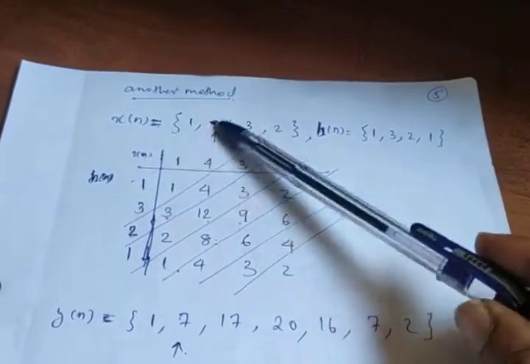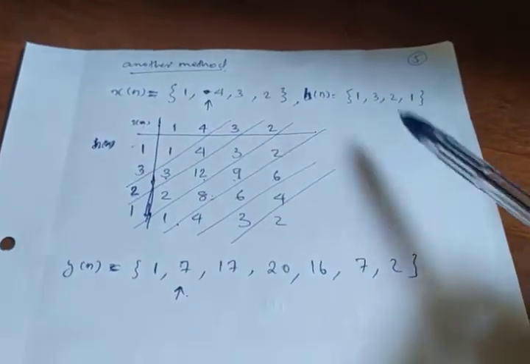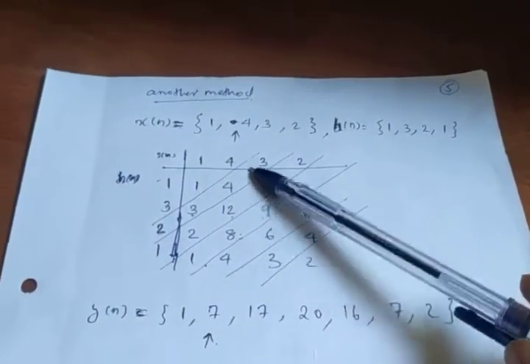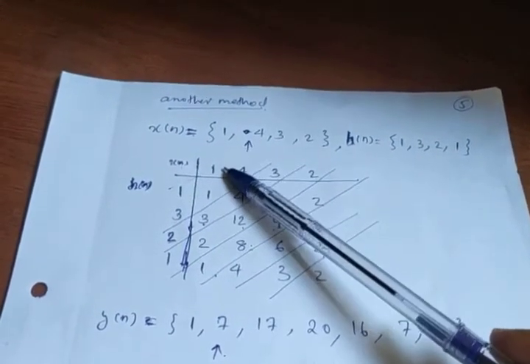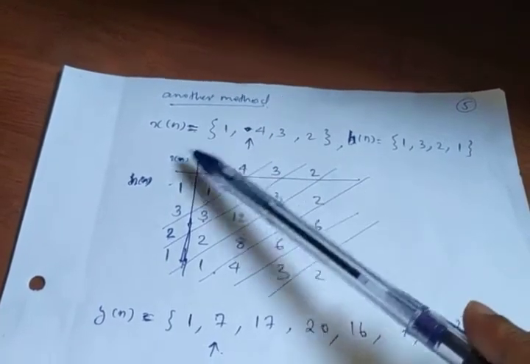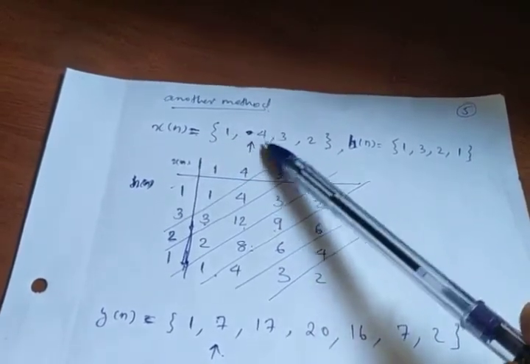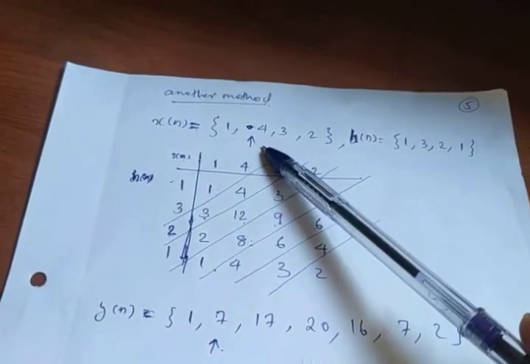Okay, so listen here. In this method we draw the sequence in a matrix form. Okay, see, x of n equal to 1 4 3 2 1 3 2 1, like that.